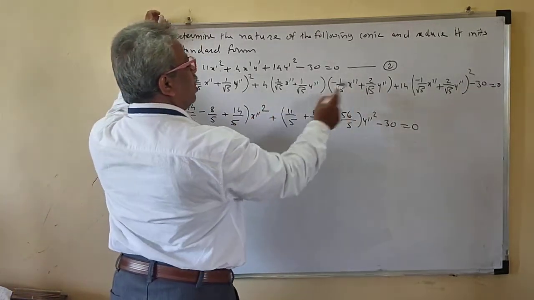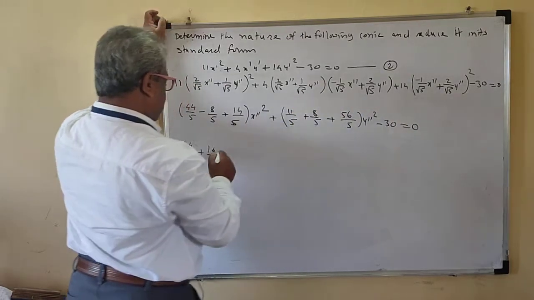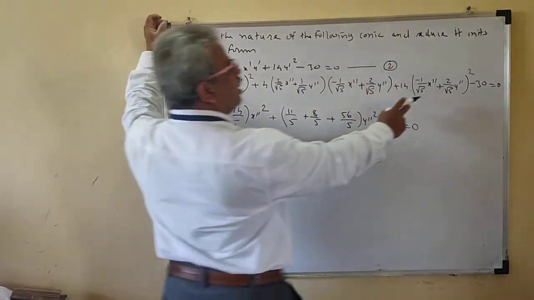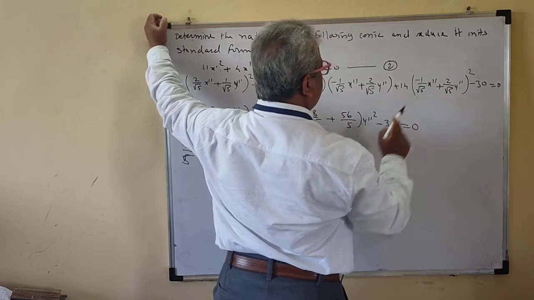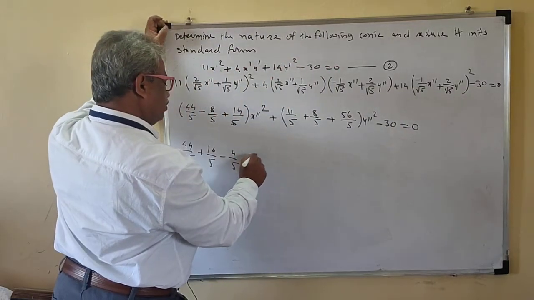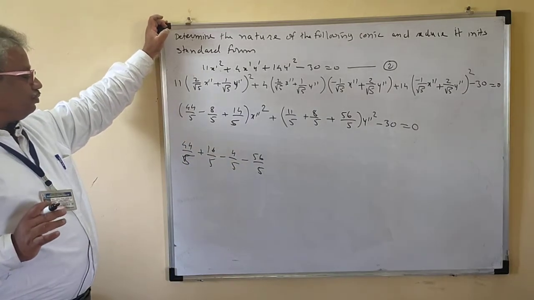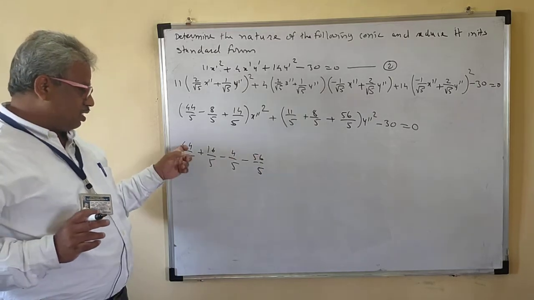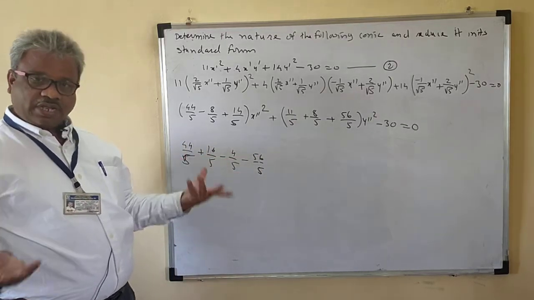Here also you get minus 1 by 5, so minus 4 by 5. Now here we get this is minus 2 by 5, minus 4 by 5, so minus 56 by 5. See whether it is 0 or not. See, this is negative 60, positive this is 60. 60 by 5 minus 60 by 5, it is 0. Okay.